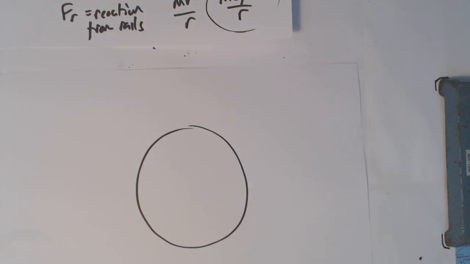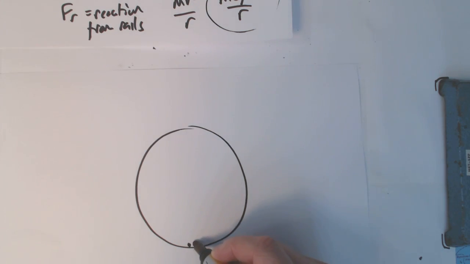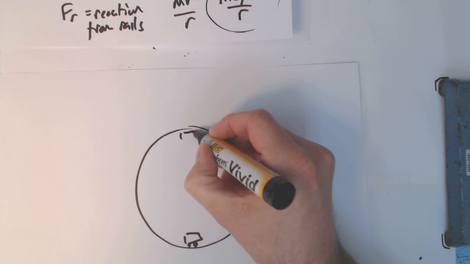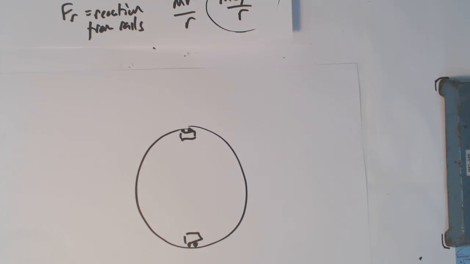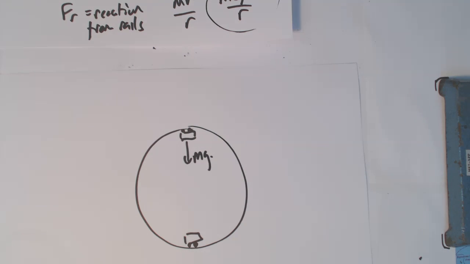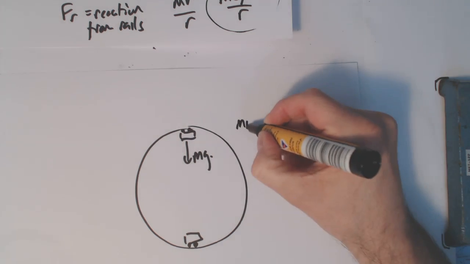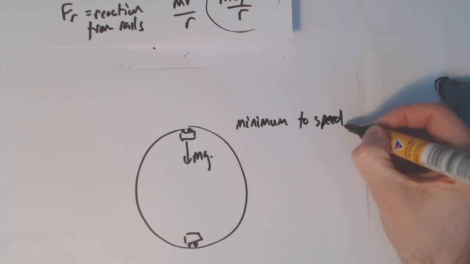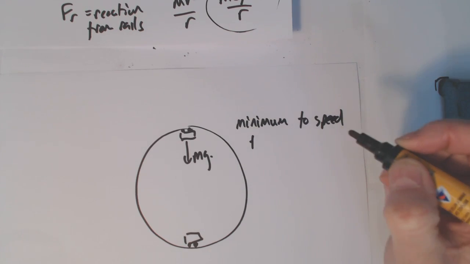Another thing we often do is we go, well, what about at the top? Well, this little car, he's gone up to the top. All very good. Now, at the top, things change quite dramatically because now his mg is down. So his mg can actually supply some of the centripetal force. And in fact, there's a point at which the mg can supply all of it.